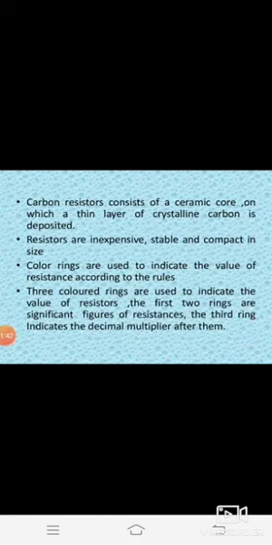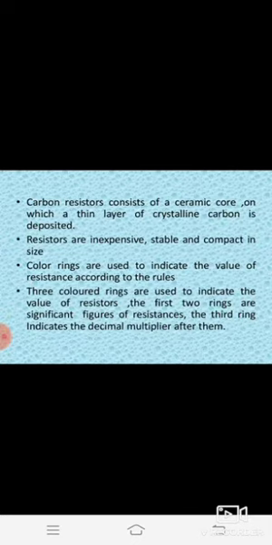The carbon resistor consists of a ceramic core on which a thin layer of crystalline carbon is deposited, and as already taught, resistors are inexpensive, stable and compact in size. The color rings are used to indicate the value of the resistance of the resistors. In a resistor, three colored rings are used to indicate the value.